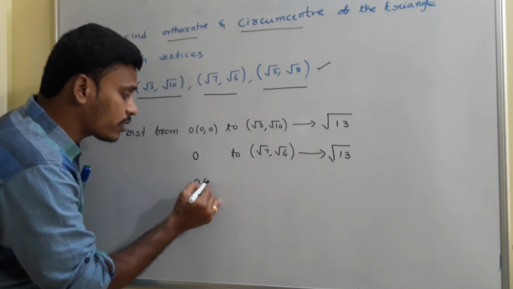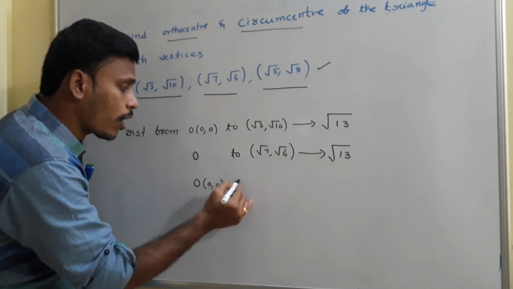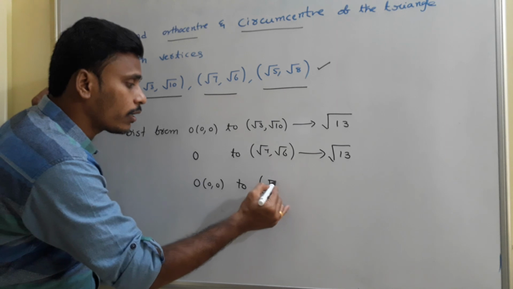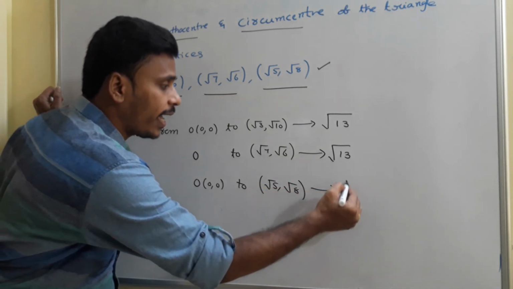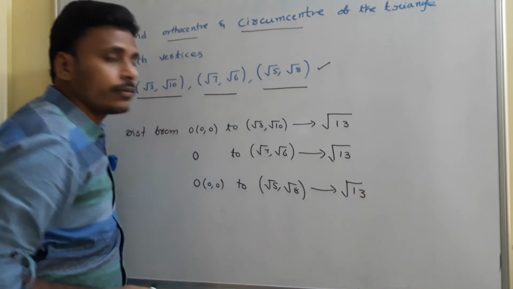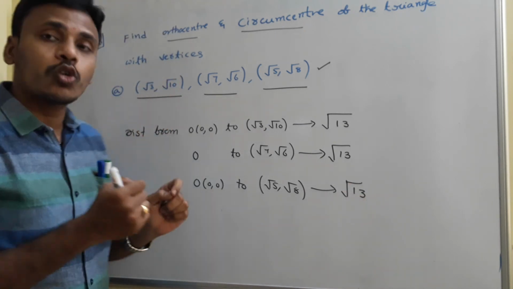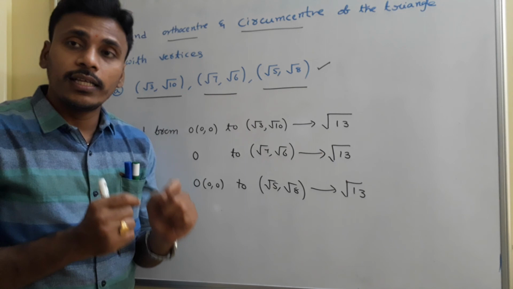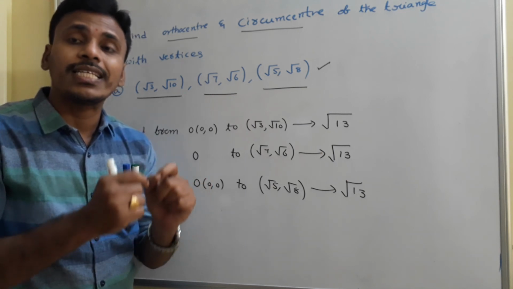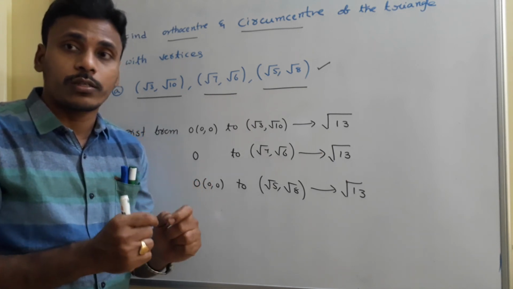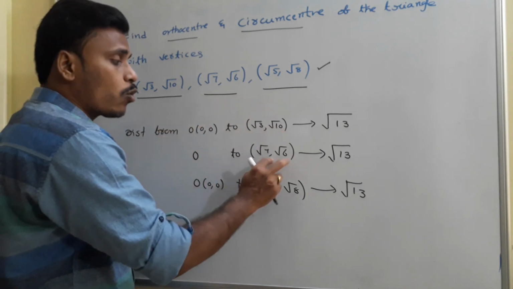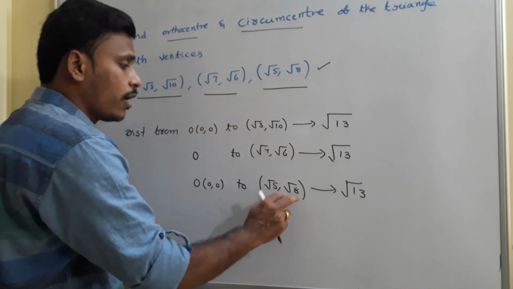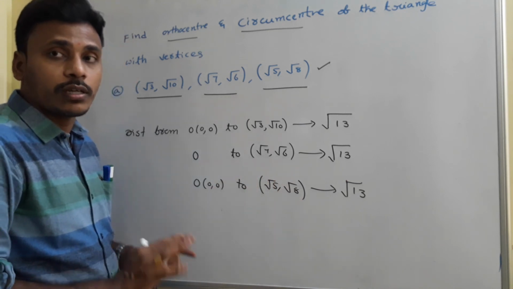And the distance from the origin (0, 0) to the third point (root 5, root 8) is again root 13. The distance from the origin to a point is the square root of x square plus y square, so the square root of the sum of the squares is root 13 each time.